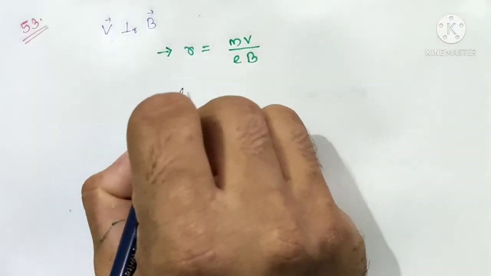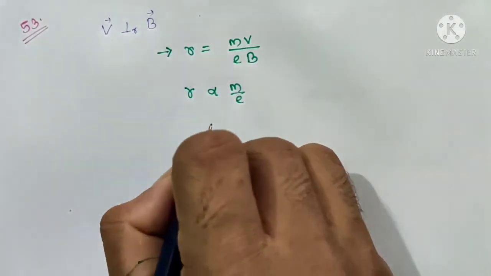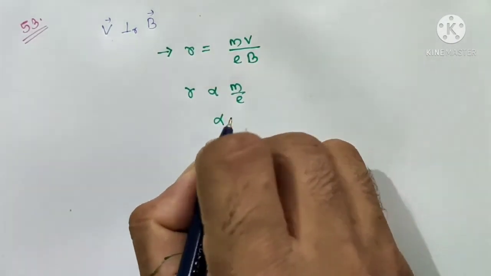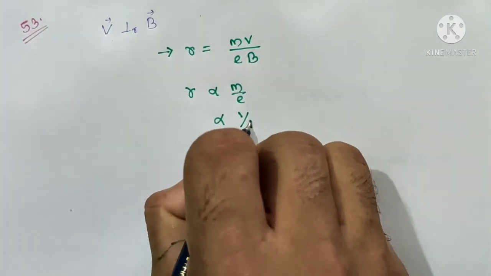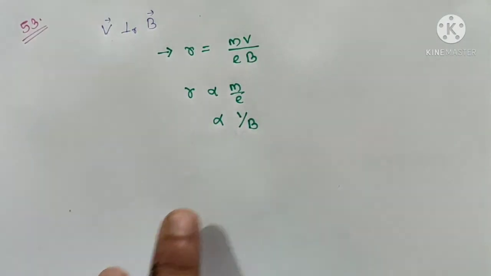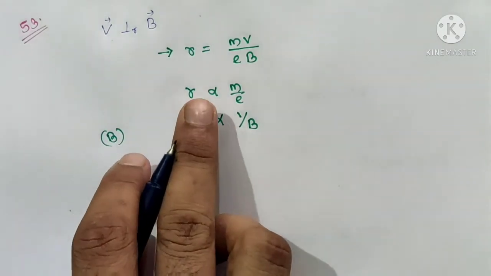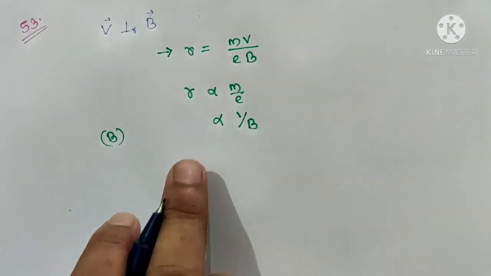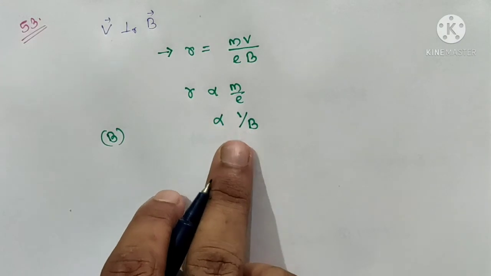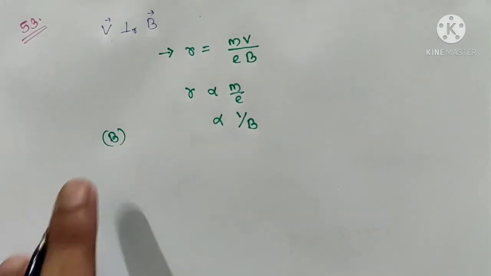So the radius of this circular path is directly proportional to m by e, and directly proportional to 1 by B, or you can say inversely proportional to the magnetic field. So now check the options. According to the options, option B is correct, that is, radius is proportional to m by e and inversely proportional to magnetic field B naught. So your correct option is option B.